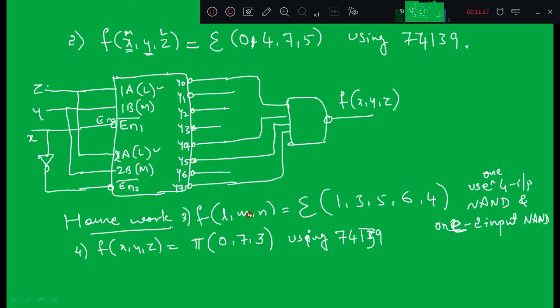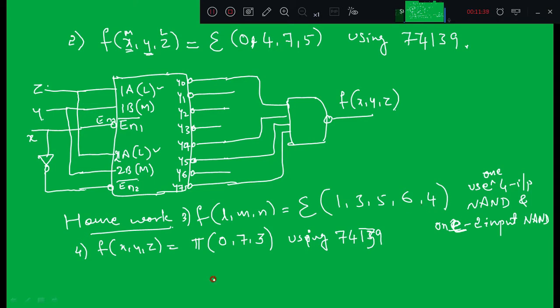Okay, the first example is f of LMN, summation of 1 3 5 6 4. Since there are 5 outputs, I do not have a 5 input NAND gate, right? So you have to use one 4 input NAND gate and one 2 input NAND gate, right? So try to design. Let us see who will give the correct result.